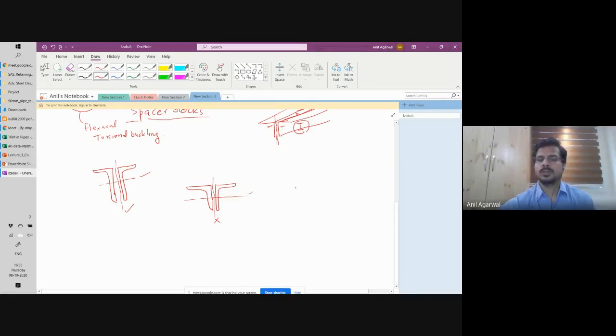The other possibility is relatively more complex. Let me give you an example. So I have a tower. In a tower there is a strut like this, a horizontal strut. Now I have provided a lot of braces which are coming like this. So let's say this is the typical configuration of my tower.